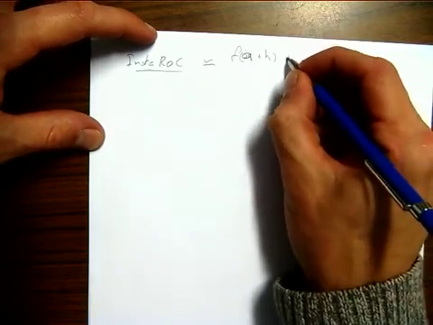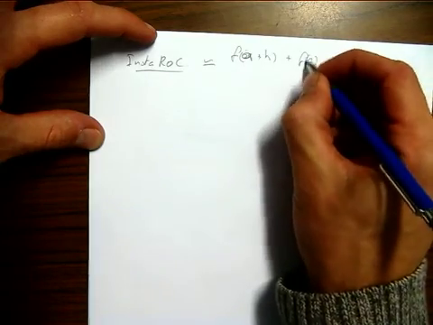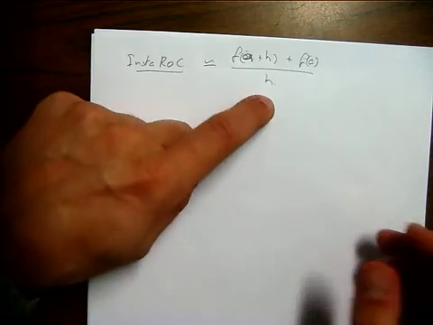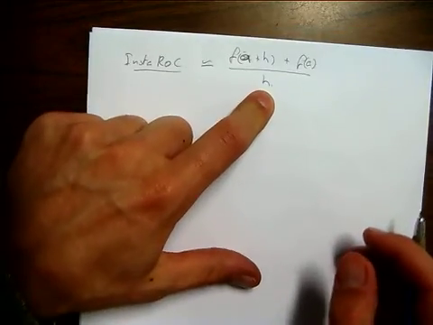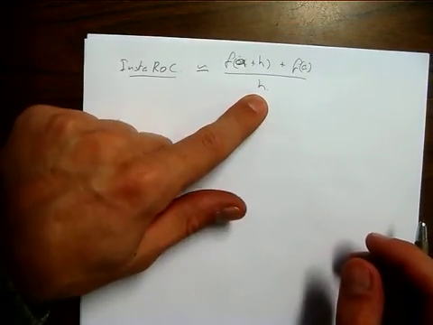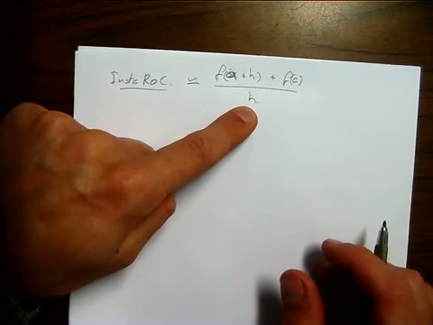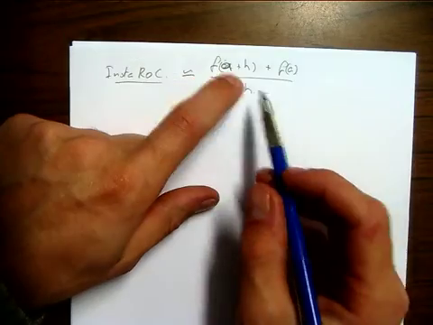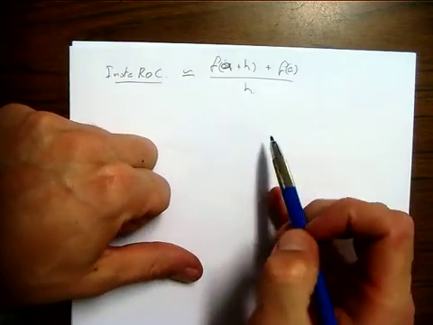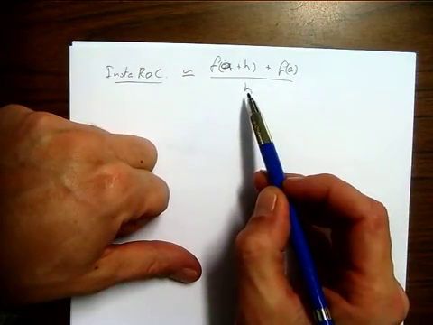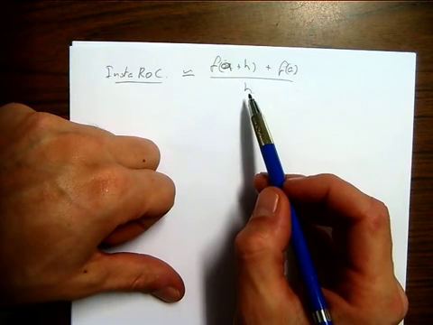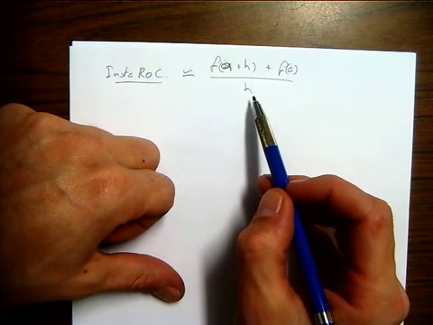So f of a plus h minus f of a over h. So what would happen if we made h 0? We'd have to divide by 0, and we can't do that, no matter how much we want to. So we have this interesting situation here. I want to know what this is with h being very, very small, but it can't be equal to 0.